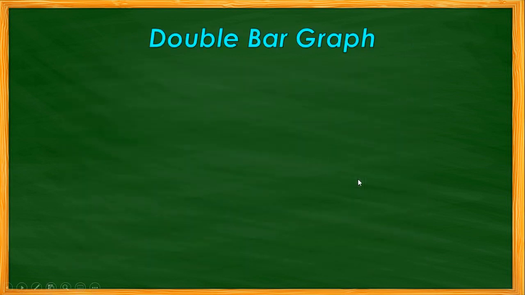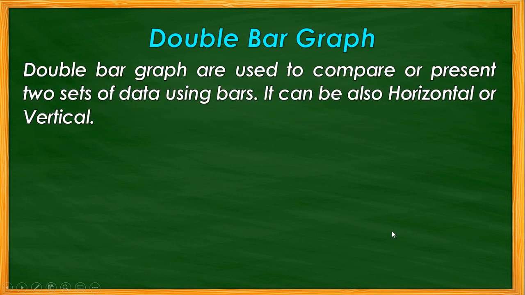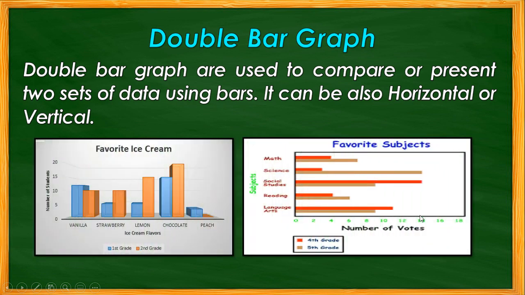Then we have the double bar graph. The double bar graph is used to compare or represent two sets of data using bars. It can also be horizontal or vertical. So this would be the example. As you can see, we have two bars. We have double bars for the vanilla.